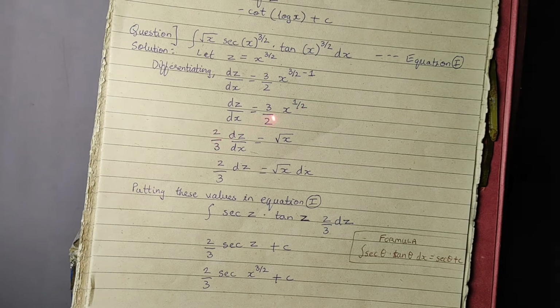Then this 3 by 2 we can take to the opposite side, so 2 goes on top and 3 comes in the denominator. So 2 divided by 3 dz by dx equals under root of x, the square root.